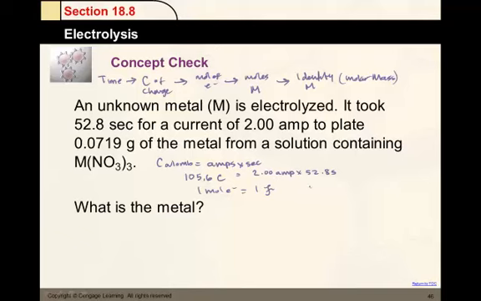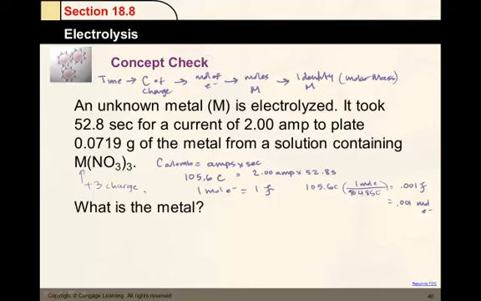So if I have 105.6 coulombs, and I know that there are 96,485 coulombs in 1 mole of electrons, that means that 0.001 Faraday has passed, which equals 0.001 moles of electrons that have passed. In this particular metal, you can see, is a +3 charge.